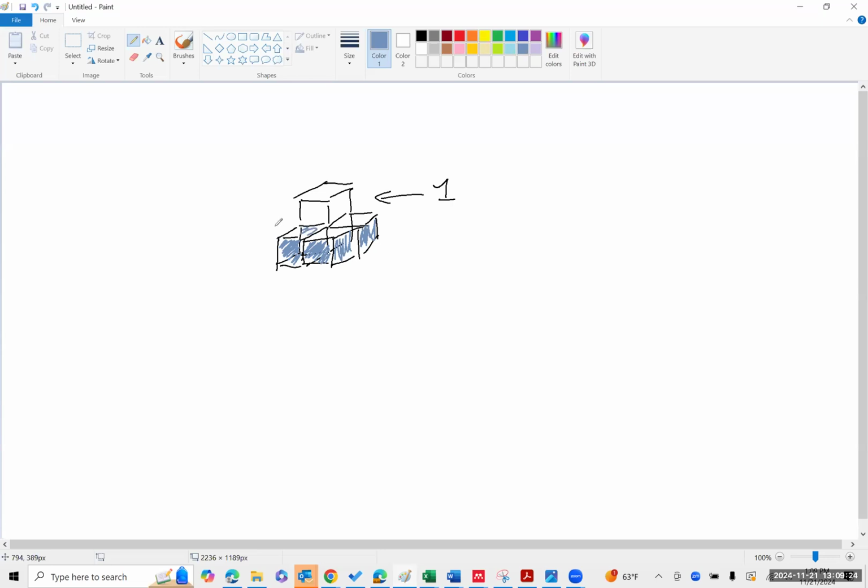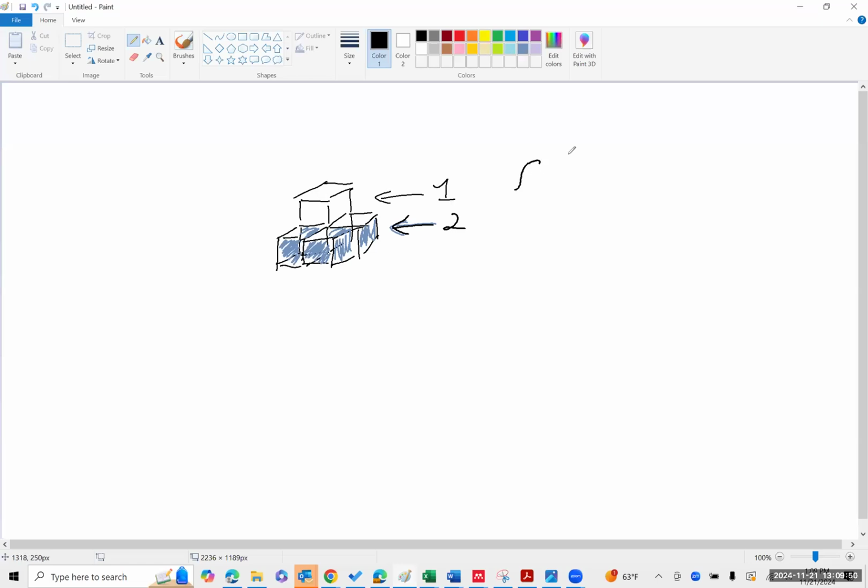And then I've essentially added four. There's one behind here as well, right? So I've added four cubes. So we have two layers now, and we have a total of four plus one, which is five.